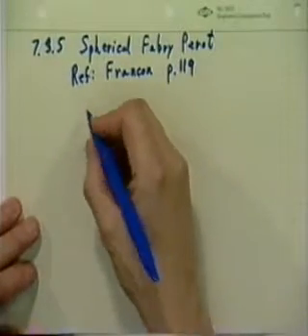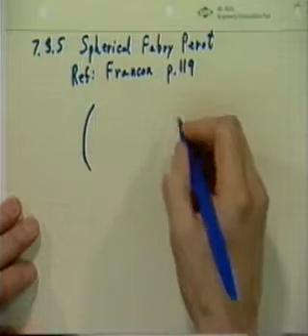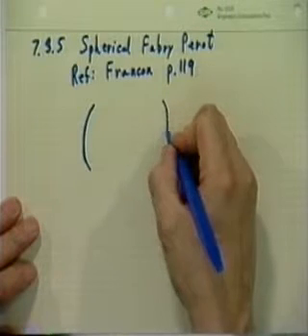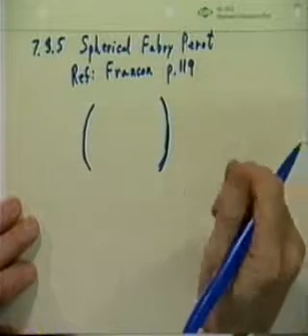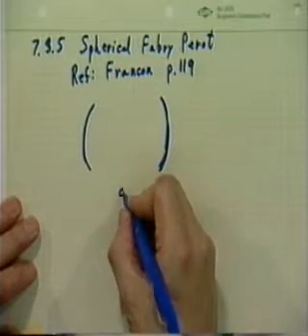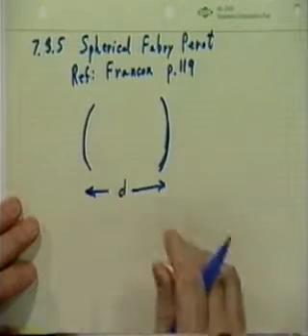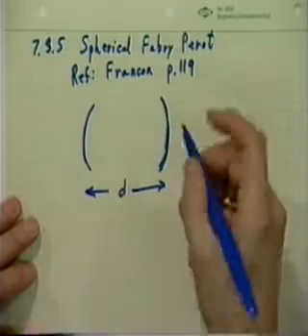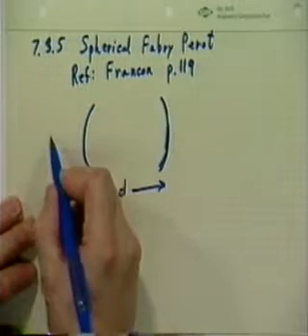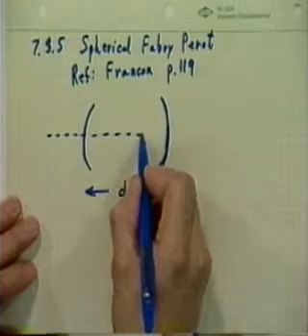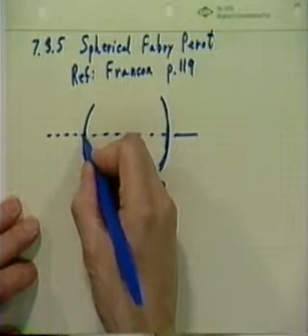So we're going to put two spherical mirrors here, and they're going to be separated at a distance d. And we're going to make it such that the center of curvature of this mirror falls, well, let's draw an axis first here. The center of curvature of this mirror falls on the mirror over here.